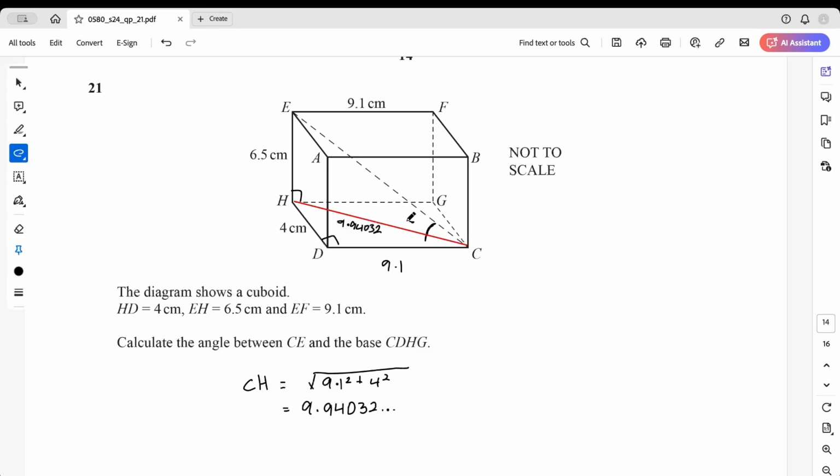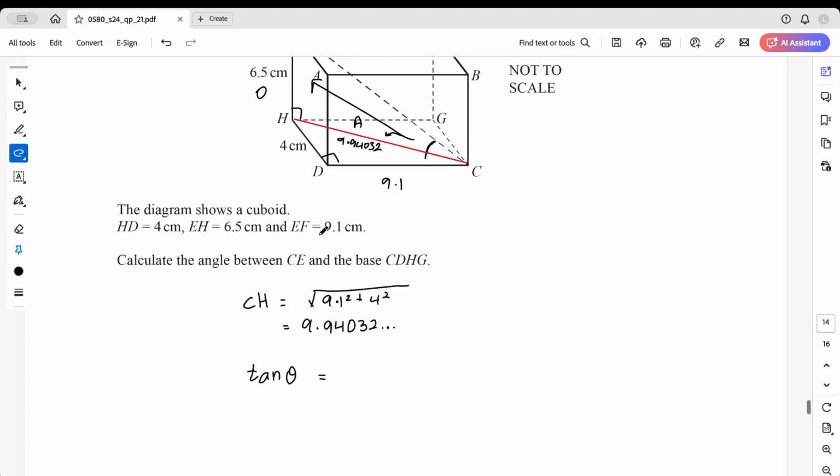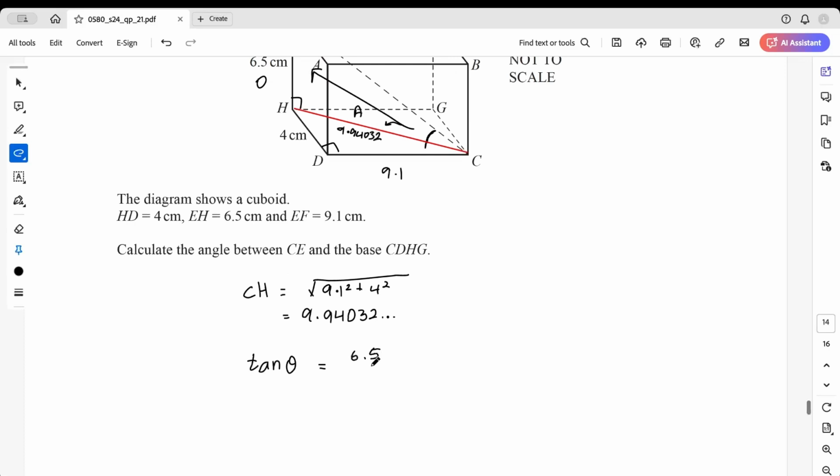This angle, in relation to these two sides, this is the opposite and this is the adjacent. So the trigonometric ratio that links opposite and adjacent is tangent. So tan theta, which is the angle we're trying to find, equals opposite, which is 6.5, divided by the one we found, 9.94032.